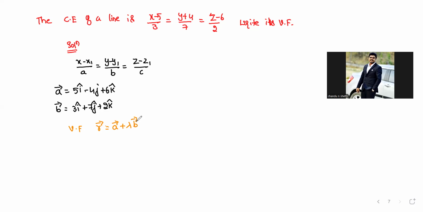Now we should write it. Vector r equal to vector a, which is 5 i cap minus 4 j cap plus 6 k cap, plus lambda of 3 i cap plus 7 j cap and again plus 2 k cap. Okay, this is the vector form equation. Clear, all of you?